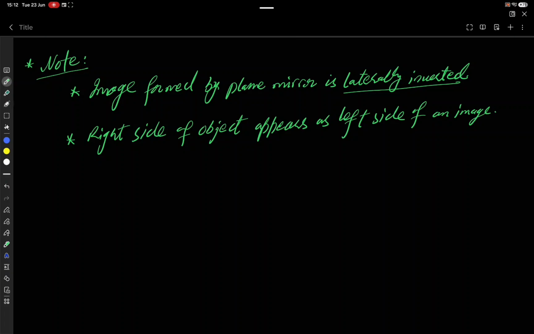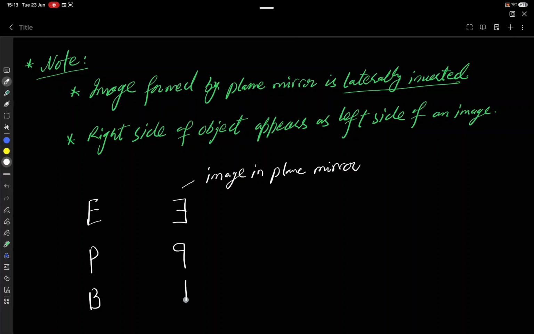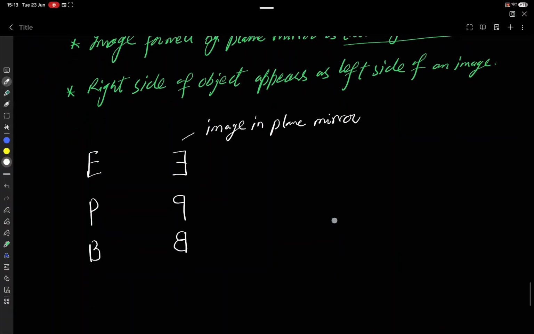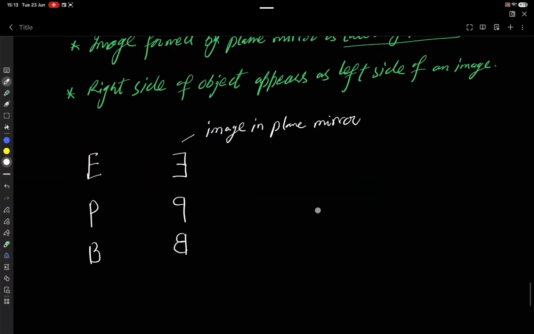So if you raise your right hand, the image's hand is on the left side. In examinations they ask about the letter E, or laterally inverted images in a plane mirror. P appears as q, and b appears in this way. So this is laterally inverted: the right side of the object appears as the left side.